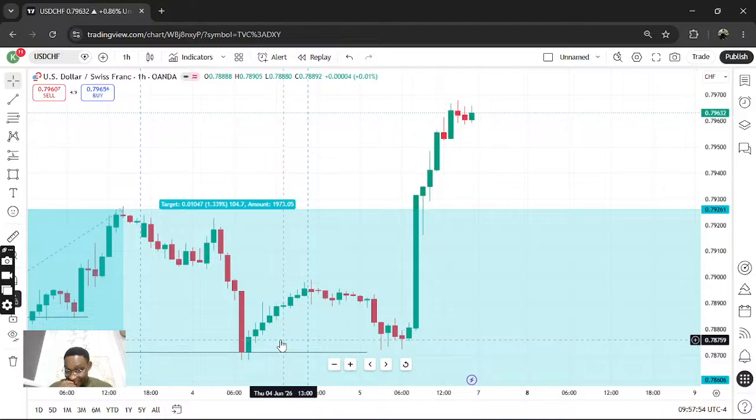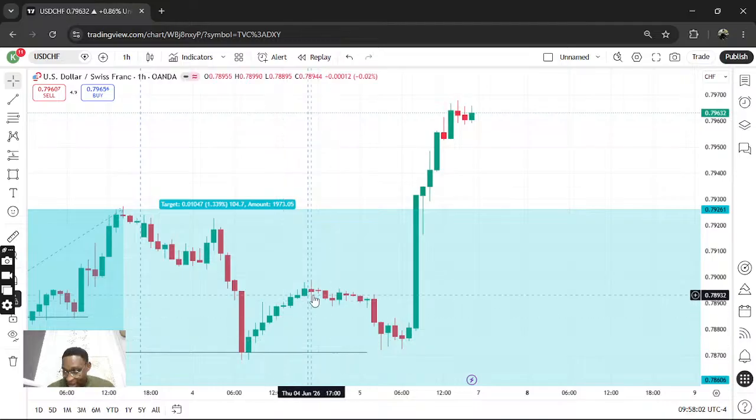That is the next thing you should be expecting. So as usual, you look for your accumulation to happen, check out the manipulation and enter the distribution of the candle.